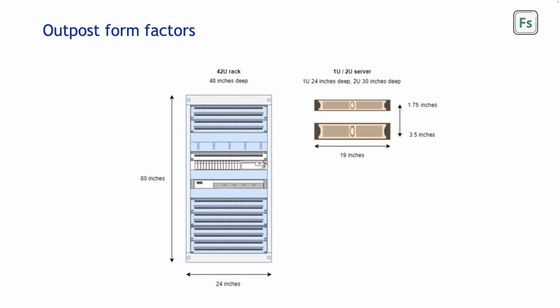So these are the two possible kinds of form factors, we say, right? One is the rack and one is the server, which we need to have installed on the Outpost. So this rack is, we can say, 42U, which is units.